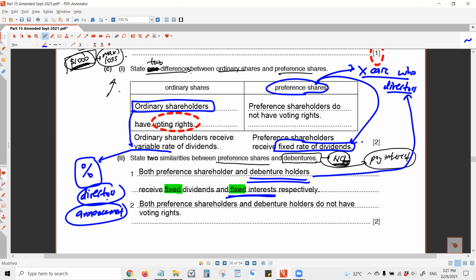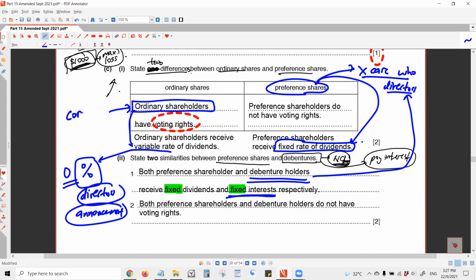If the company has done badly, ordinary shareholders are likely to get a very low dividend. It could be 0%.